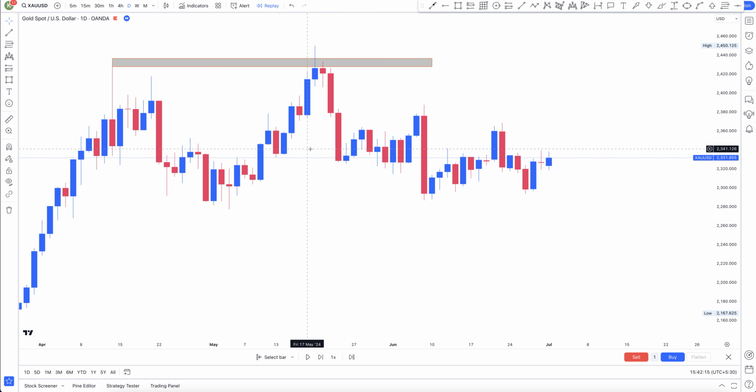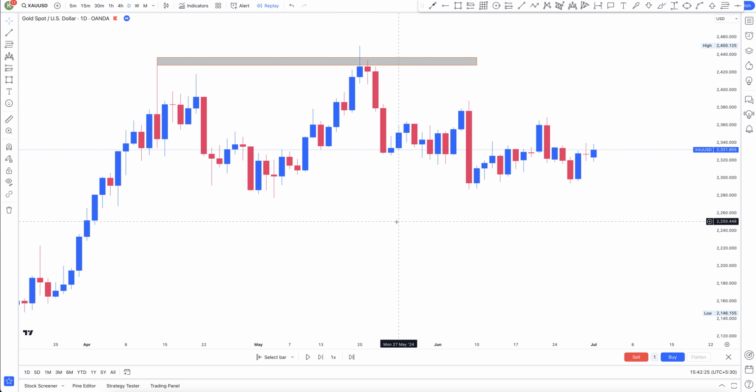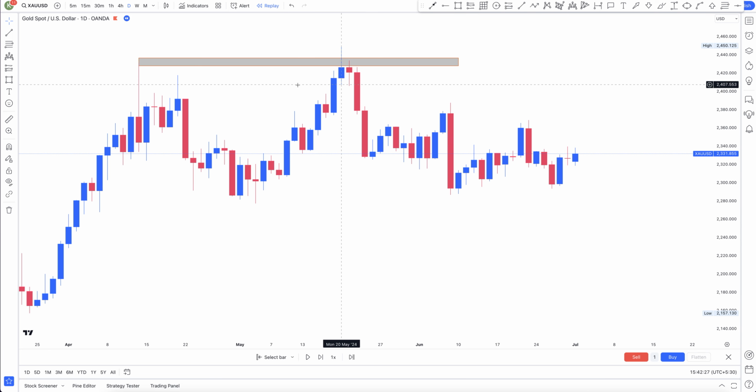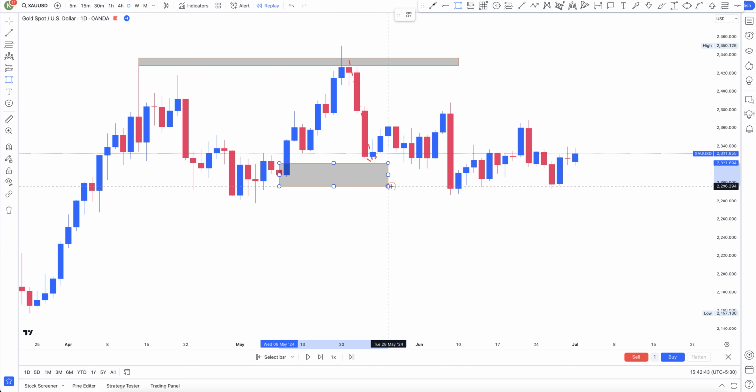Anytime I'm making an analysis, I hear a lot of people saying my analysis looks simple, but I can tell you that it takes time and experience to analyze the market like this, for it to look so simple. So this is the daily time frame, and you can see that when the double top was formed and this rejection happened, we had price moving towards the downside, eventually coming to this demand zone that has broken structures.